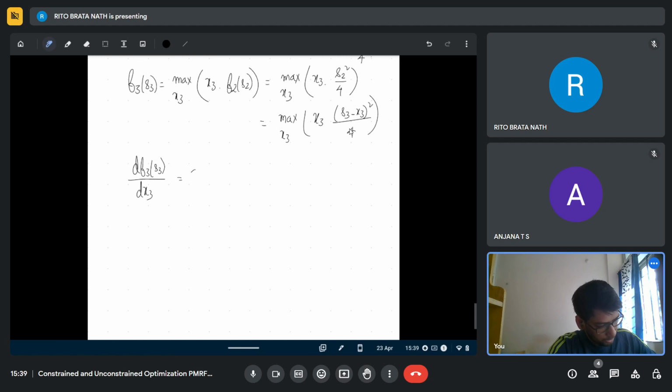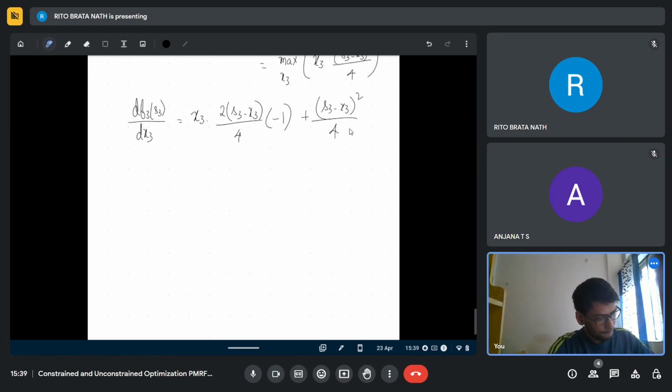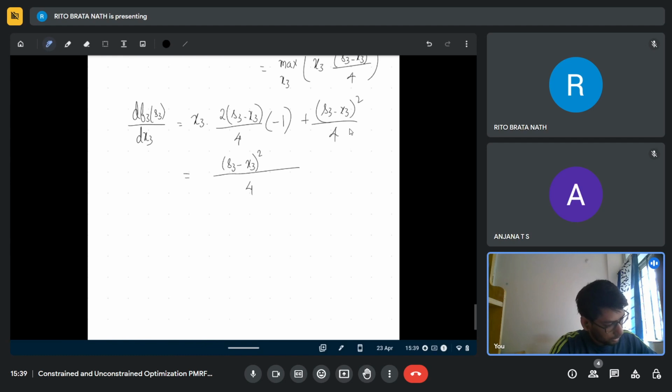So this is x3 times 2 times s3 minus x3, with a minus 1, divided by 4, plus s3 minus x3 whole square divided by 4. So I can take 4 as common, and this is becoming minus 2x3.